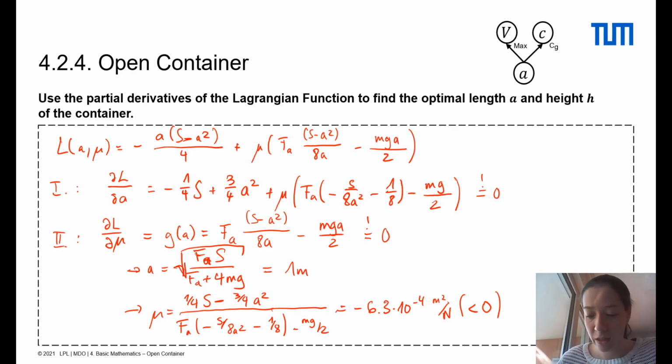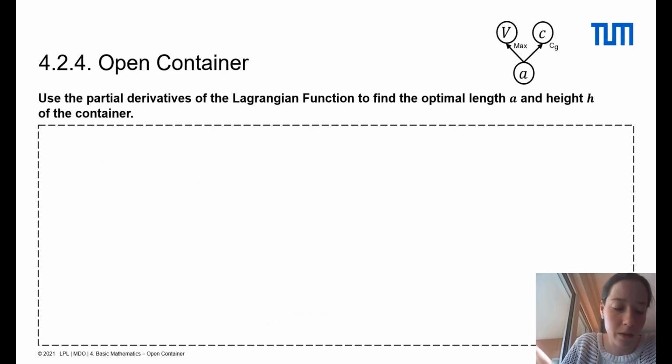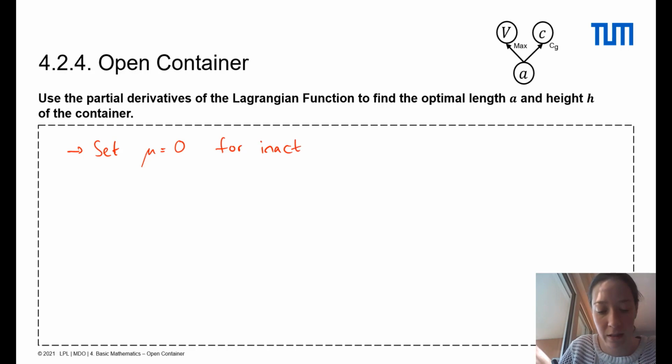So we know we were actually not correct that for the optimal solution the inequality constraint is active. Just to see it later, we can compute f of a here. That would be minus 1.25 meter to the power of 3. So now we can set mu to 0 because we know that the constraint is inactive.